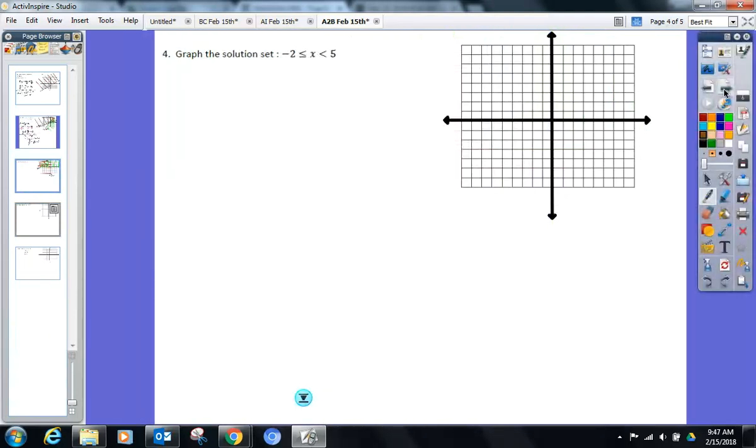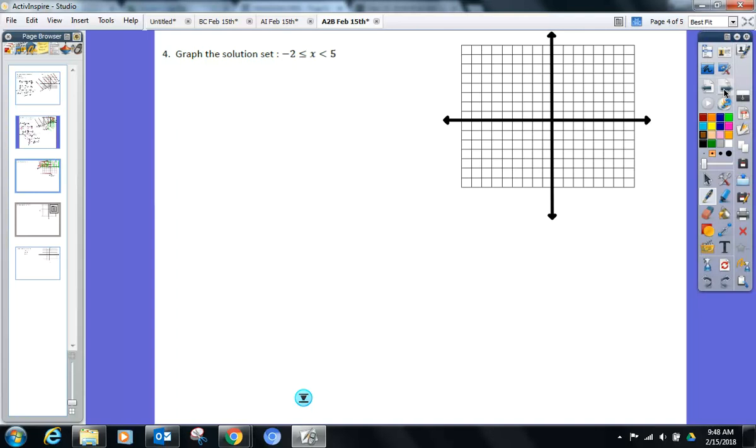Set up your x and y axes for number 4. We're almost done here. All right, so let's think of, I don't think I need to say too much here. x is between -2 and 5. x, not y, x.